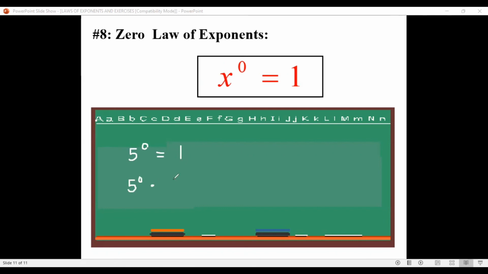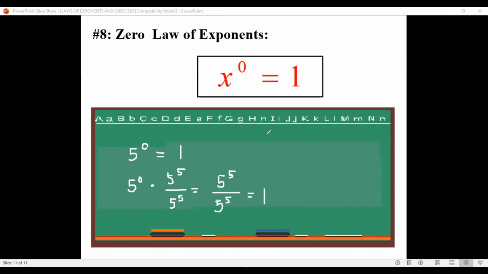If I choose to multiply this by 5 raised to 5, all over 5 raised to 5, the numerator simply means we are adding the exponents when you have the same base. So 0 plus 5 is the same as 5. So when you have 5 raised to 5 over 5 raised to 5, by cancellation, the answer is equivalent to 1.